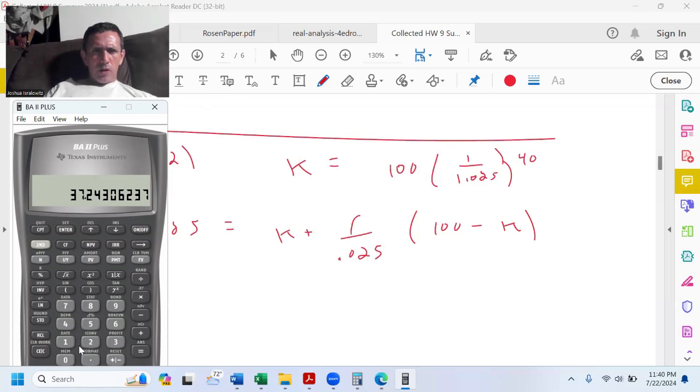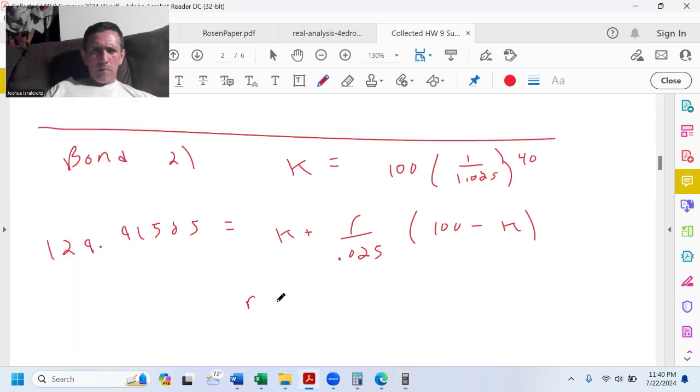Right, so we're going to subtract this times 0.025 divided by 100 minus K. And we get R is 0.03692.